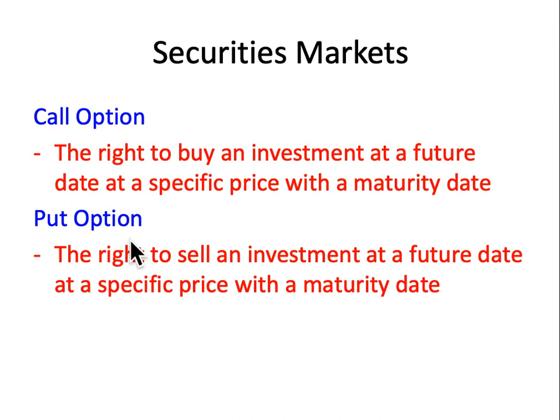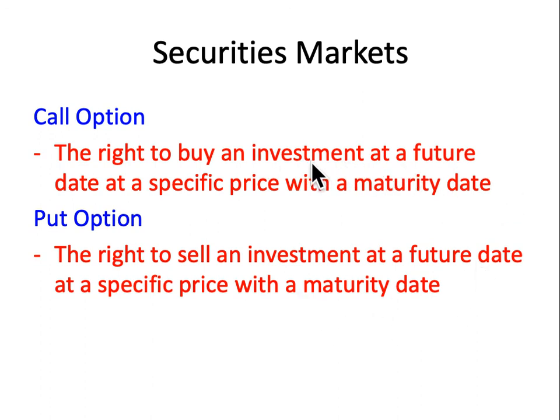Okay? The option is the actual right. The option here is the right to do this action. Okay? Another factor is it's time constrained. This option only lasts for a certain amount of time. Okay? This option also lasts for a specific amount of time. So I have the right to sell something within this time before the expiry date, before the maturity date.